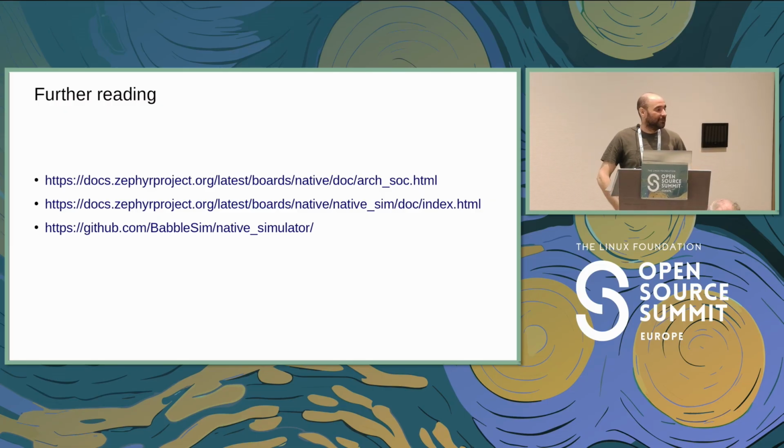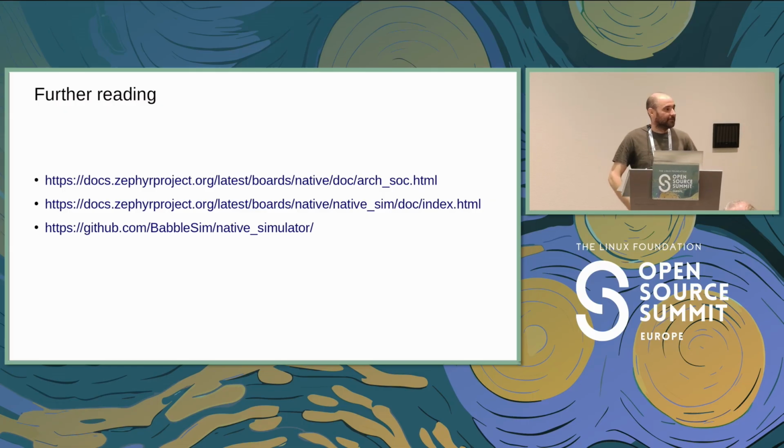The question is about writing your own drivers for native sim, and specifically, an example UART driver. If it wants to get some data from the host side, normally you would call something like read on Linux, and that would be a blocking call. Or you can do a non-blocking read, but then it will return immediately if there is no data. So how is this actually handled in native sim when you don't know when the data will arrive?